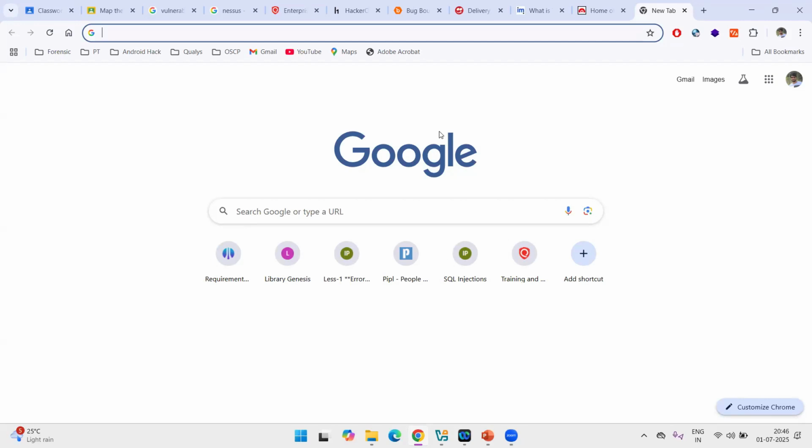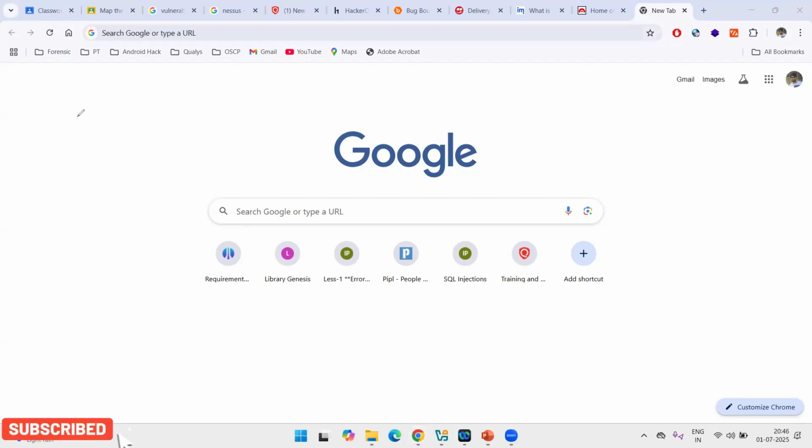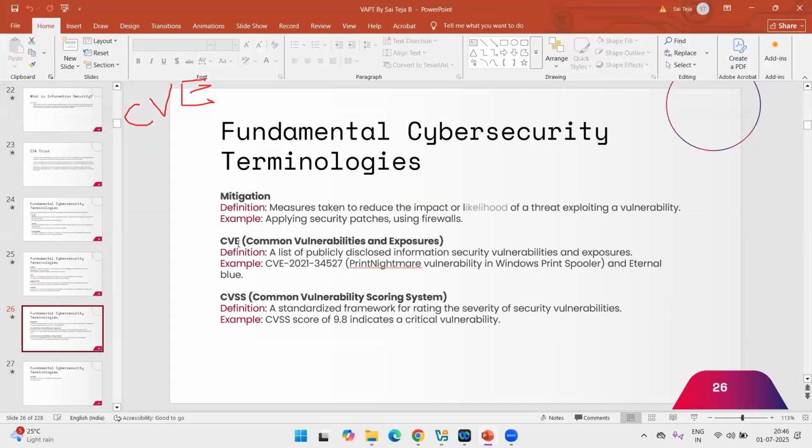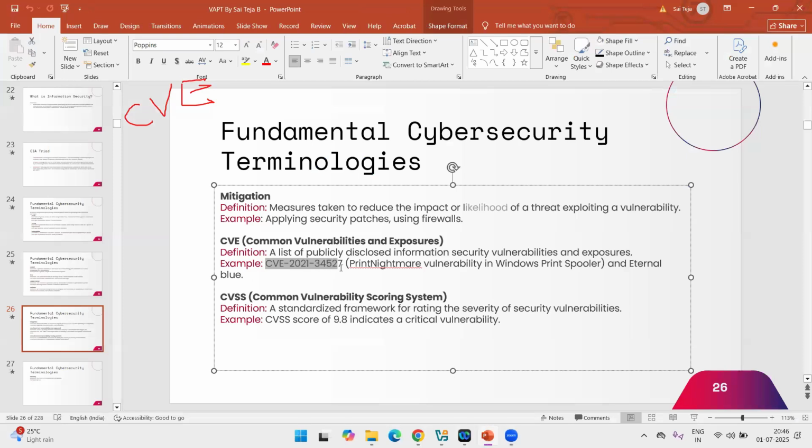Every vulnerability will have something called a CVE number. The CVE will look like this. Common Vulnerabilities and Exposures.